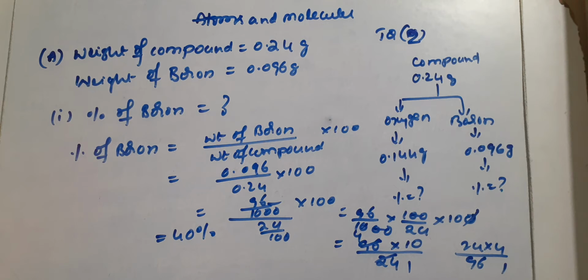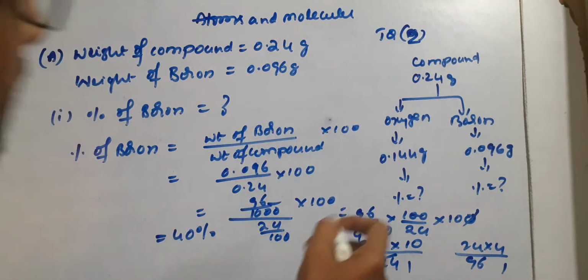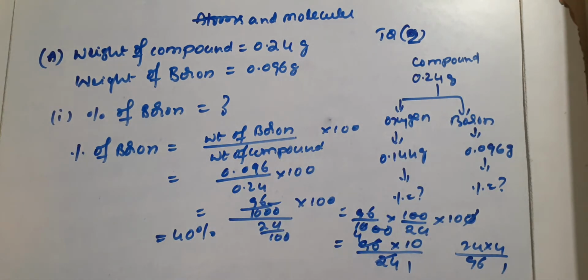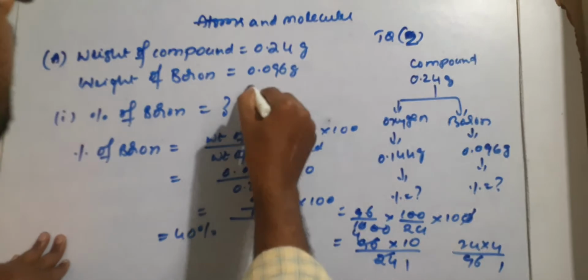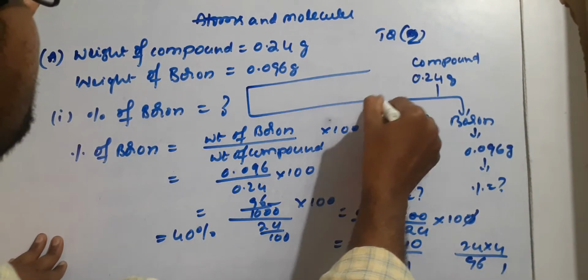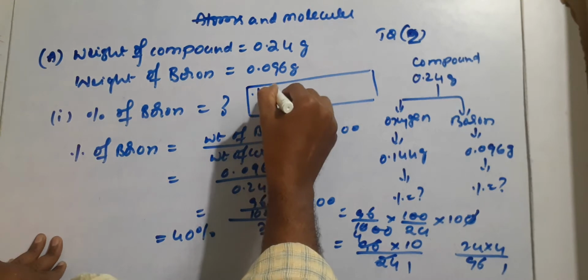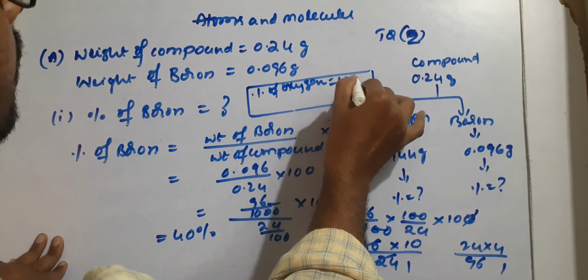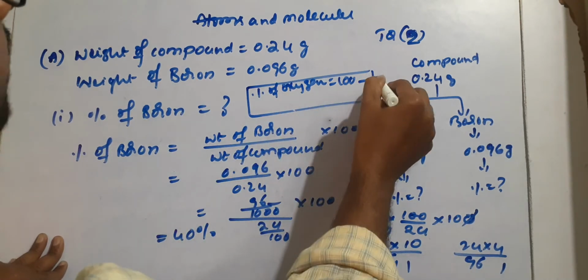So what is the percentage of boron in this compound? 40%. Now the total compound, oxygen and boron together, is 100%. So the percentage of oxygen is equal to the total percentage minus the boron percentage.